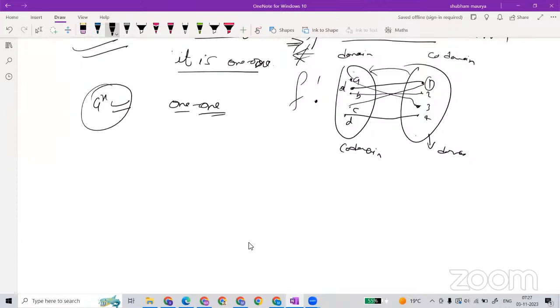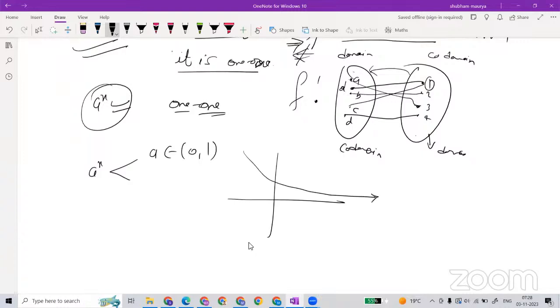Now, as the exponential is increasing, we have two cases that we studied last time. If a is between 0 and 1, then the graph would be like this. And if a belongs to 1 to infinity, then the graph would be like this.